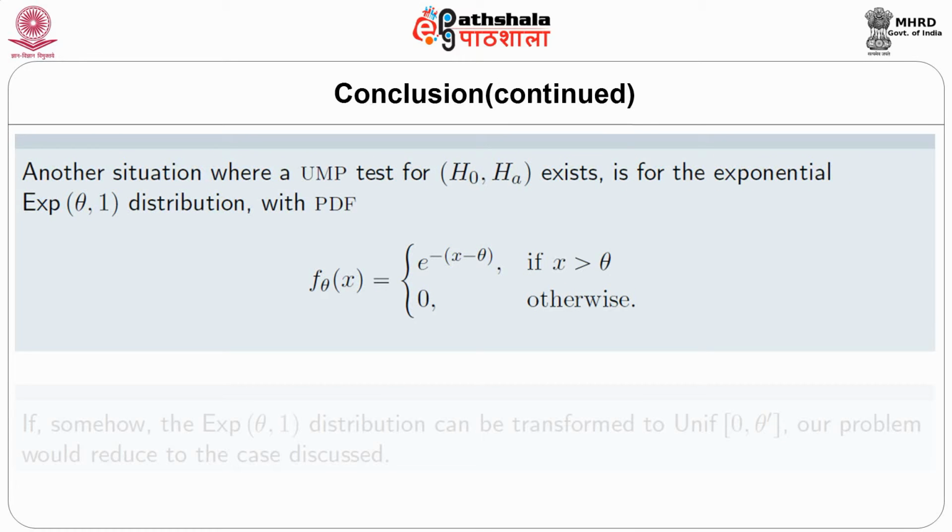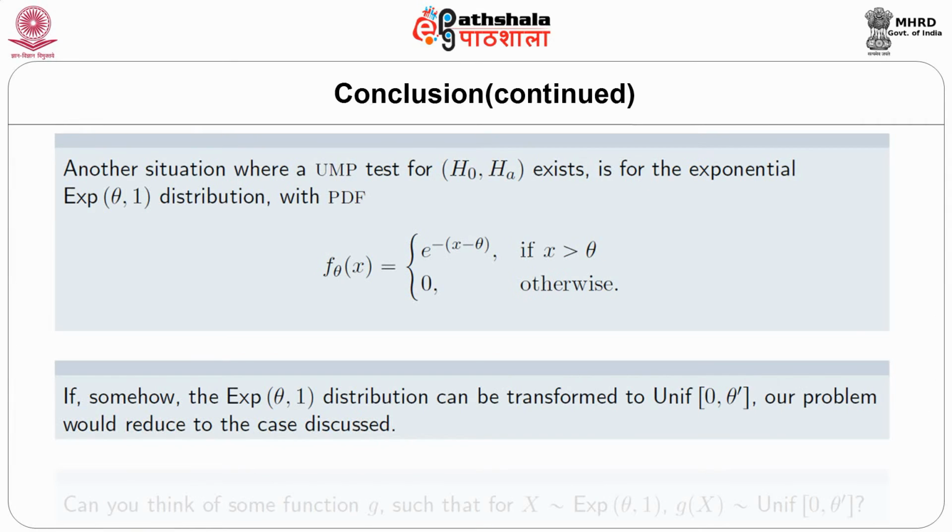Suppose x1, x2, xn is a random sample from a normal distribution with mean mu and variance 1. It is a simple problem. You can find a uniformly most powerful test for testing mu naught against mu greater than mu naught, and a uniformly most powerful test for testing mu naught against mu less than mu naught.